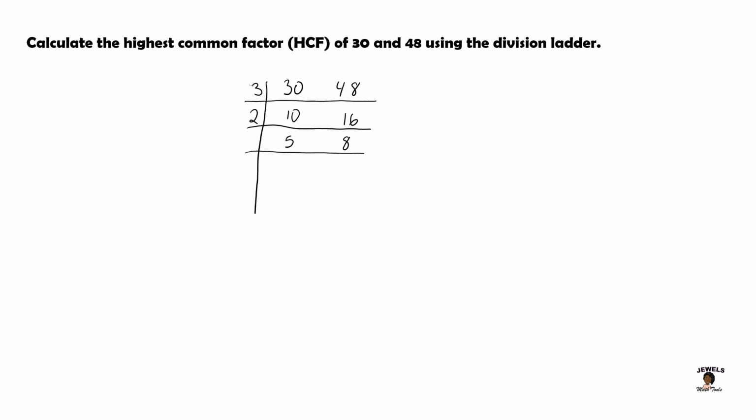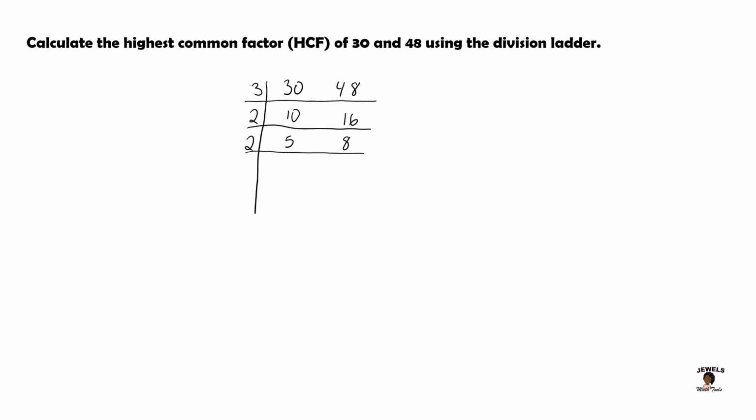Now since I'm already dividing by 2, I'm going to continue dividing by 2 for this part of my question. Because I know that 5 being a prime number, the only factors that 5 has are 1 and itself. But 8 is a composite number, so it has more than one factor. But because 8 and 5 do not have any common factors, I can only divide into one of them at a time.